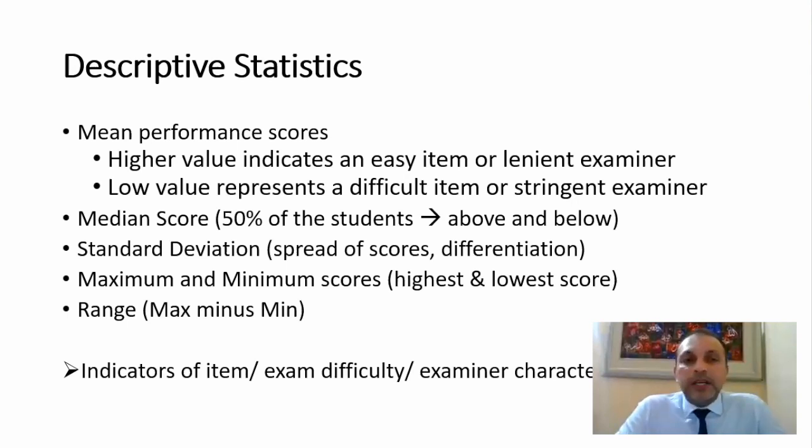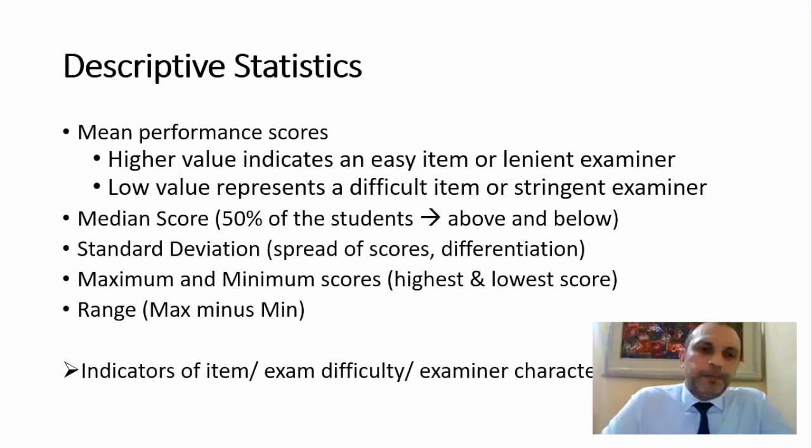Suppose your median score is 30%, which again means that half of your students have scored above 30 and half of your students have scored below 30. So this is also a measure of either ease or difficulty of the item or the exam, or stringency or leniency of the examiner or marking. Same as we discussed for mean scores.